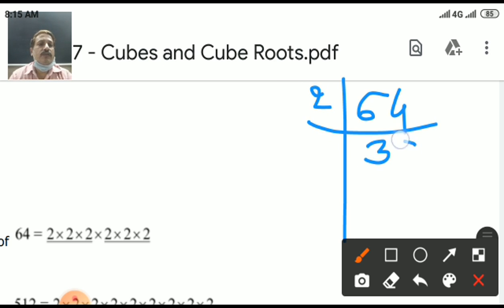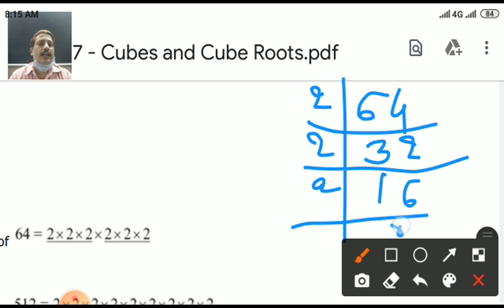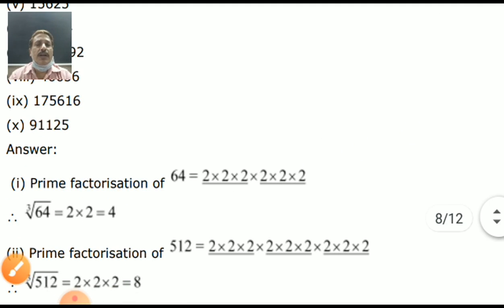Divide by 2, that means 32 will come. Again divide by 2, this gives me 16. Again divide by 2, that gives me 8, and so on down. So you have 2 triplets of 2. So 2 into 2 is 4. Answer is 4. Cube root of 64.